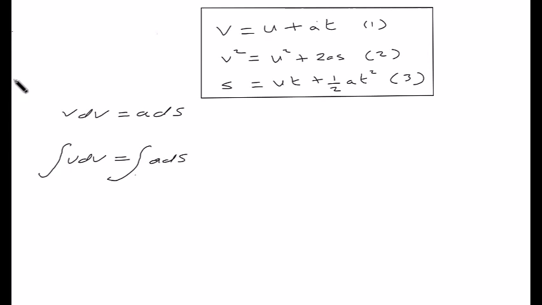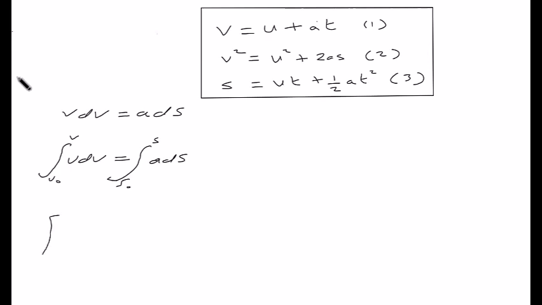And we can put in the limits, so this is between s0 and s, and this is between v0 and v. Now the integral of v dv will be v squared over 2, and the integral of a ds will be as.